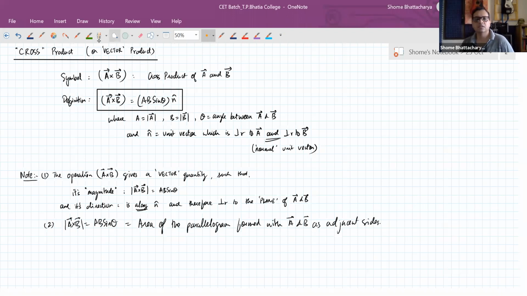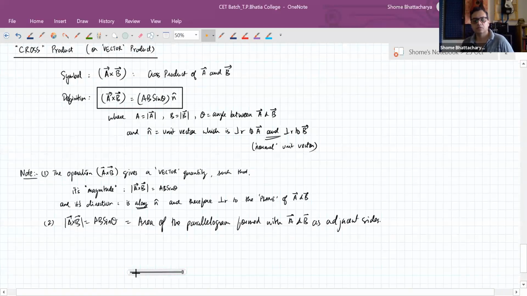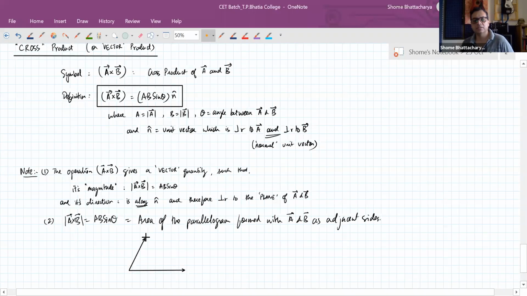Let's understand why this is the case. If we use two vectors A and B to construct a parallelogram with A and B as the adjacent sides, like we have done a number of times before in the application of the parallelogram law, suppose this is the vector A, this is the vector B, and this is the angle theta between them.